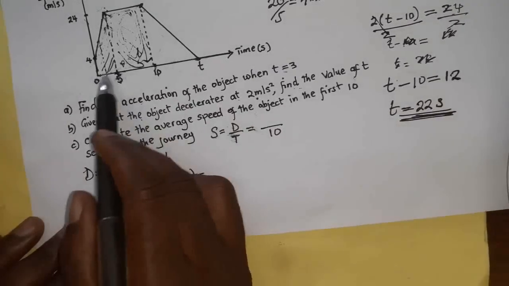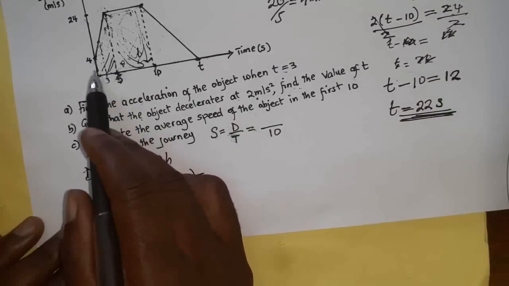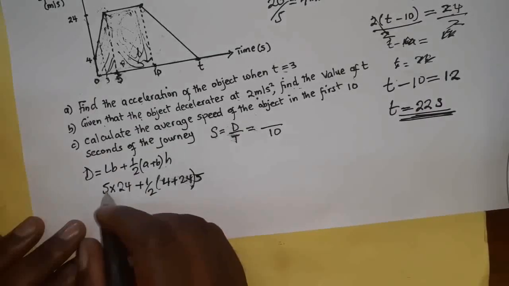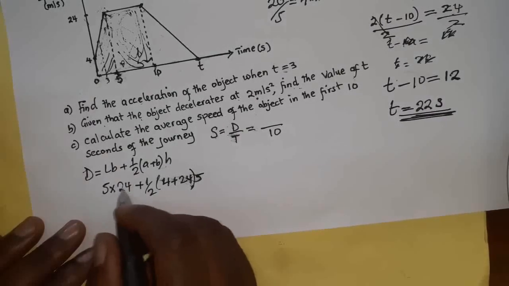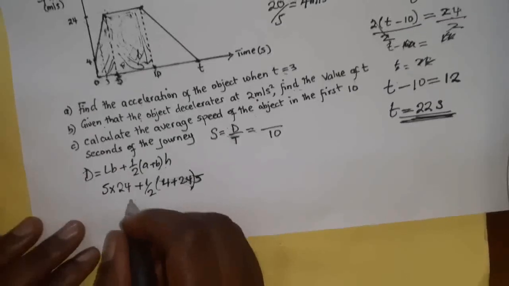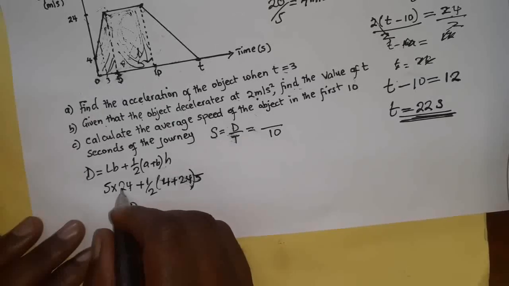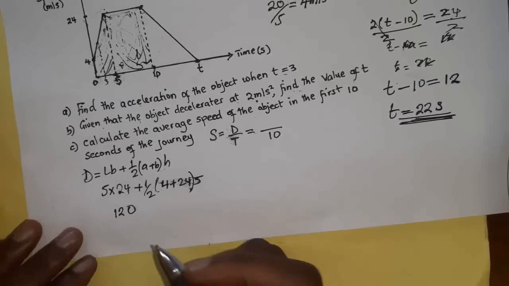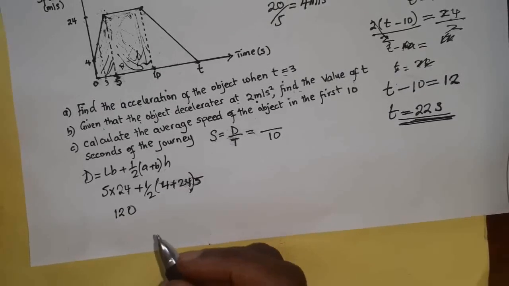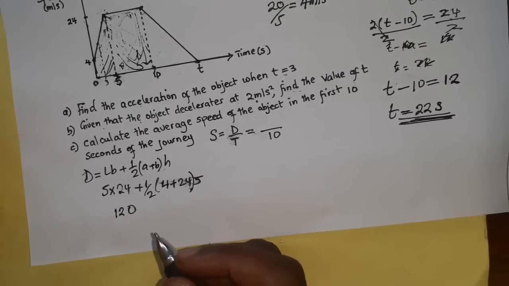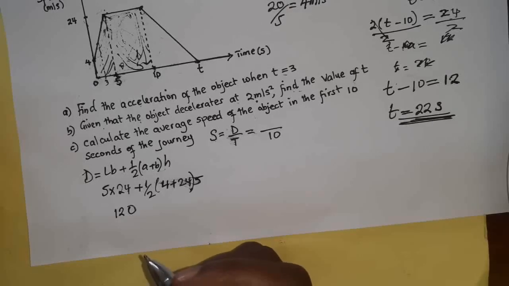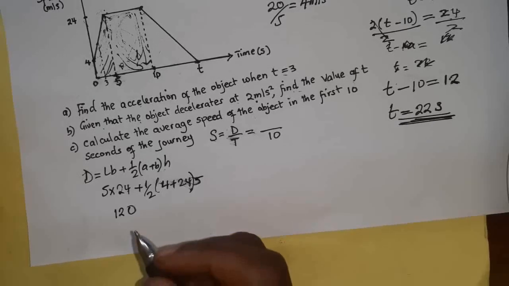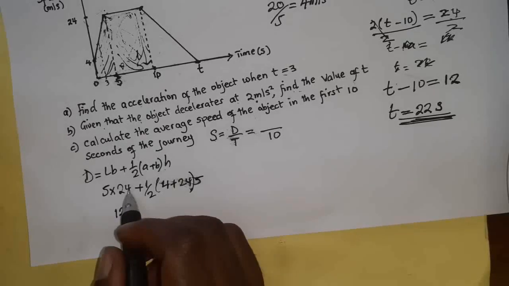When you multiply these two here, what do you get? I think you get 120. Am I right?